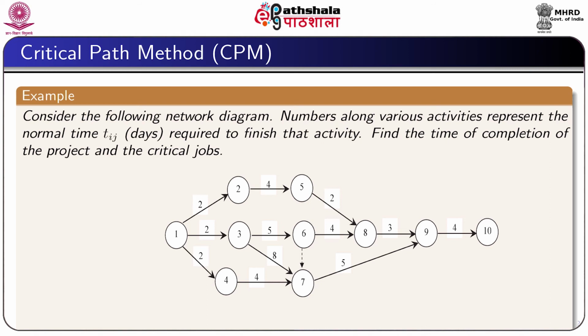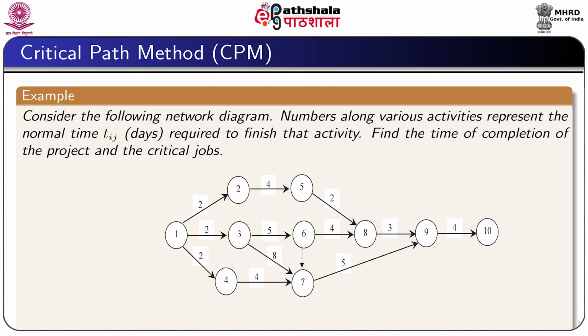Now, we will proceed to see how the critical method can be applied to a network problem to determine the critical path and critical activities of the project as well as the duration of the project. Consider the following network as shown in the slide.